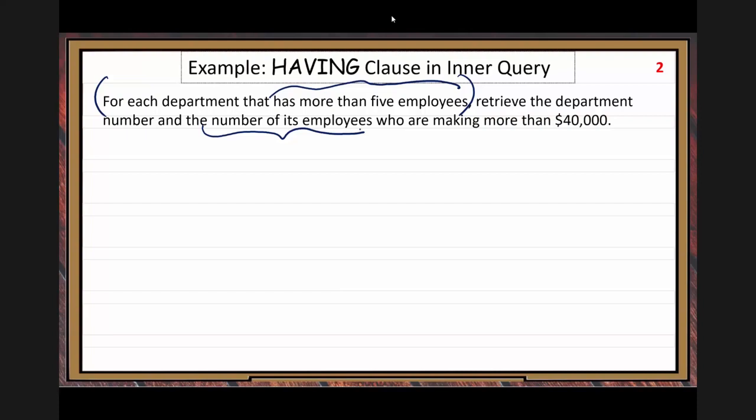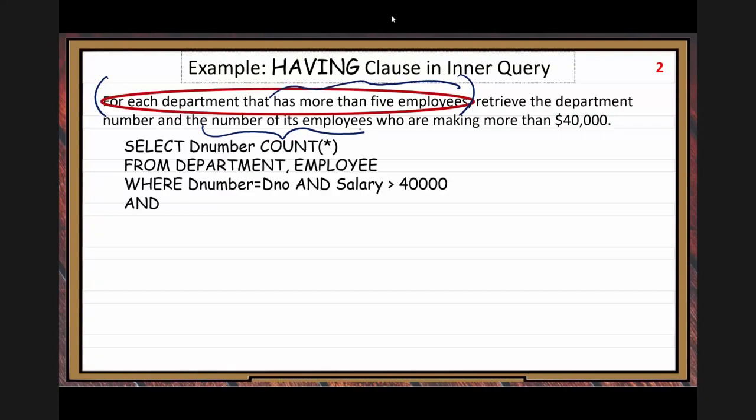So this question has an outer query and an inner query. Retrieve the department number and the number of employees: that is the outer query, on the department. Then the inner query. In the outer query, you only apply it on the department table. So look at the first part of the solution.